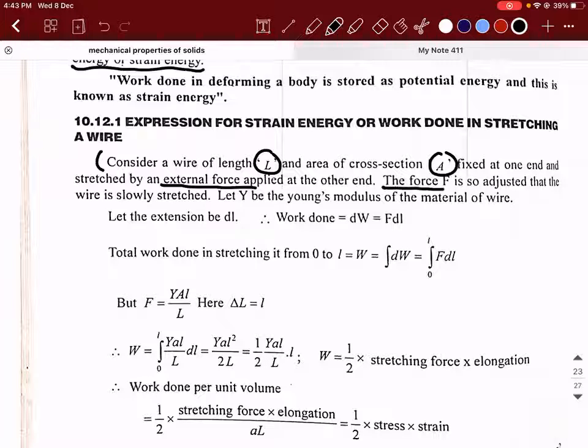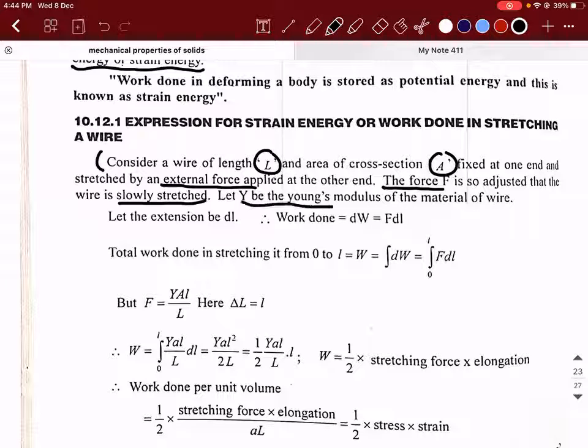The force F is so adjusted that the wire is slowly stretched. Slowly stretched in the sense that it is not stretched in a single shot. It is slowly pulled so that at every value, it undergoes a small displacement of delta x. That is the meaning of slowly stretched.